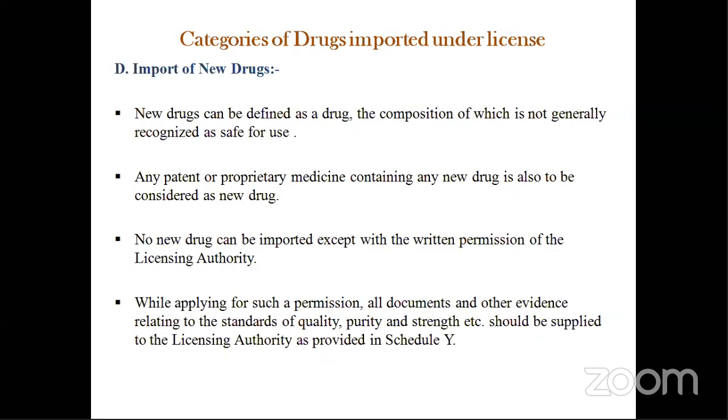So they get a certificate that this company is eligible for getting the new drugs, and they send the new drugs in a small pouch to the manufacturing area or laboratory. Okay, so this is the total process of import of new drugs under Schedule Y.